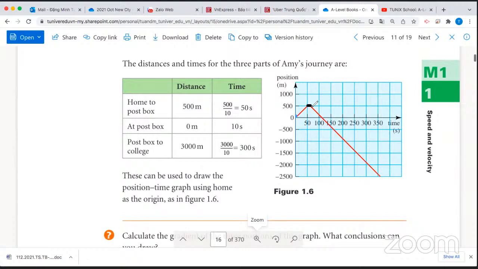Understand the line, the slope, the gradient, the position, the value corresponding to the horizontal line, the x-axis, or maybe the vertical line, the y-axis. From the graph we can find out speed, distance, position, and anything. Got it? Okay, move on.